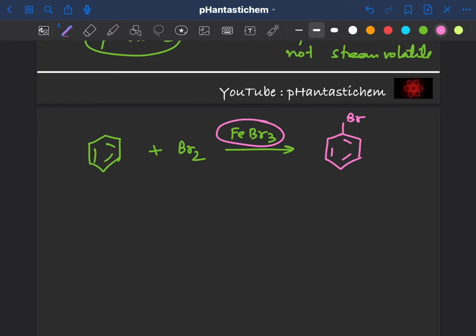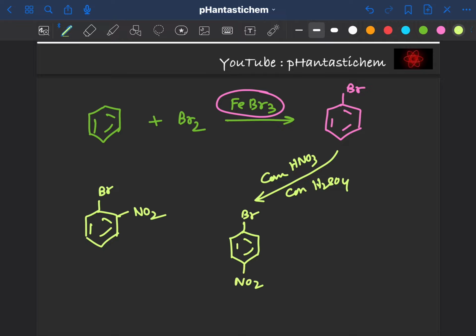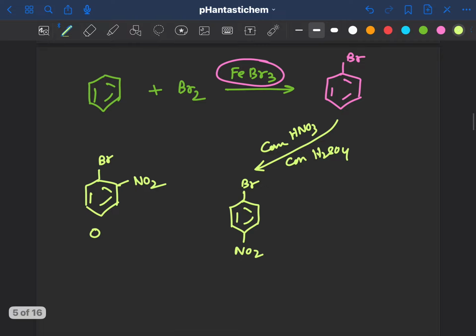Then they have concentrated HNO3 and concentrated H2SO4. So obviously this is nitration. So we will get two products. So this is 2-nitrobromobenzene, or you can say this is the ortho one, and this is 4-nitrobromobenzene, or this is the para one, and this is the major product, obviously.